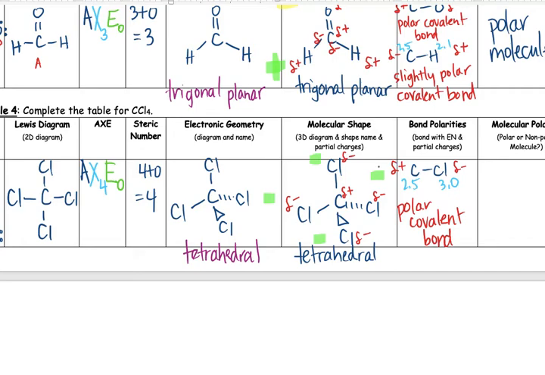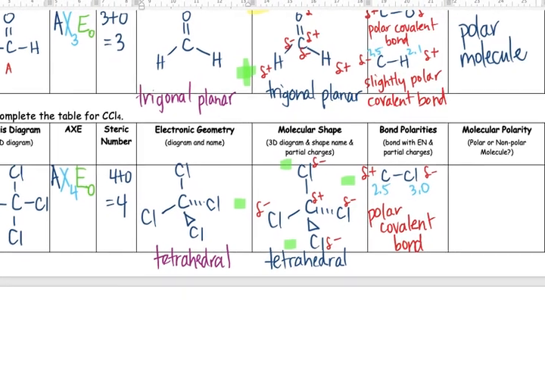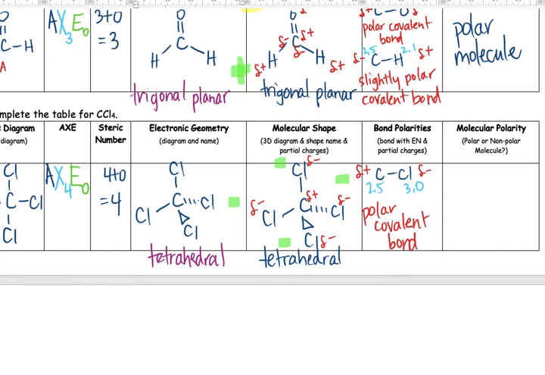So even though the bonds had polarity, the overall shape doesn't have polarity, so you would call this a non-polar molecule. After a while, people looking at these will say, oh yeah, it's pretty symmetric, so you're not going to have different slight partial charges here.